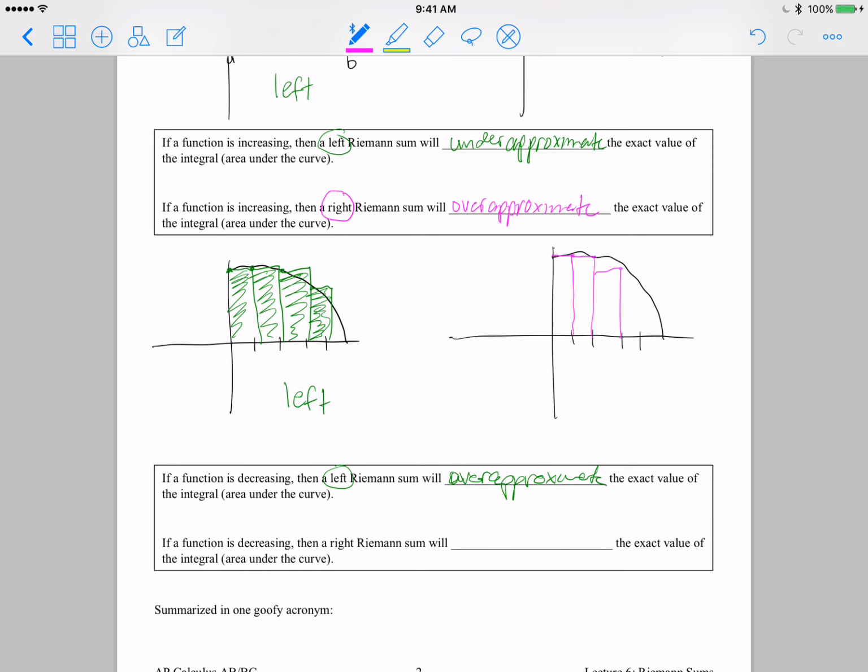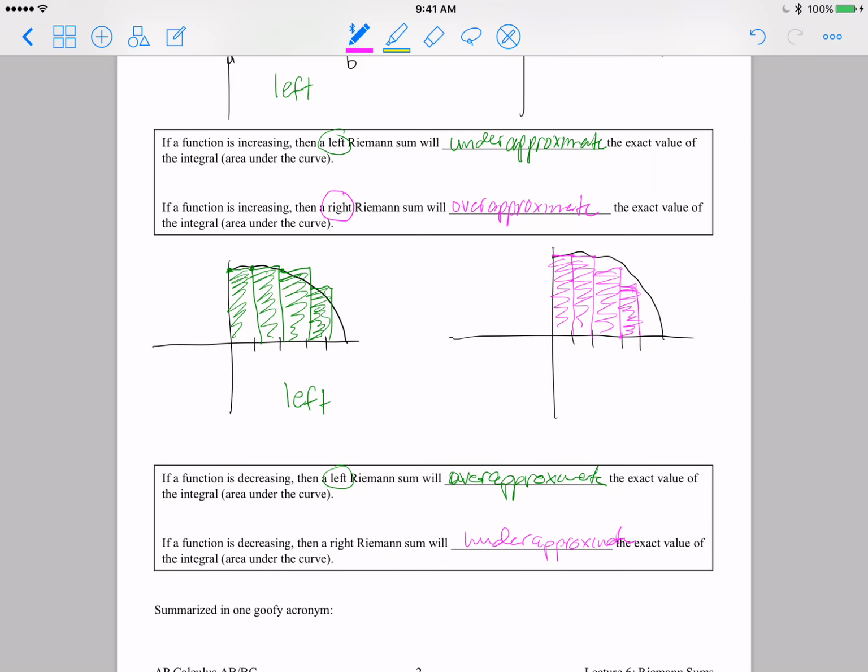You can see there's an under-approximation, there's an under-approximation. Try to get it as close as I can. And so this area in pink is not enough to be the entire area under the curve, and so this is an under-approximation. So it'll under-approximate the area under the curve.